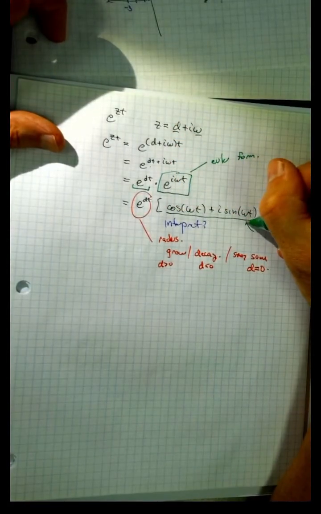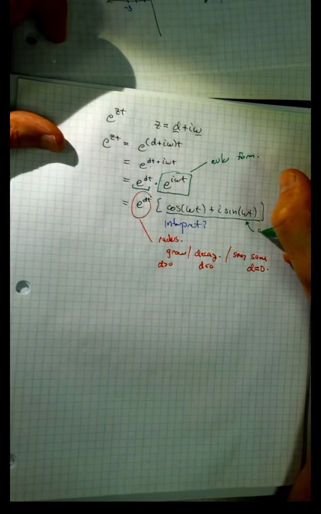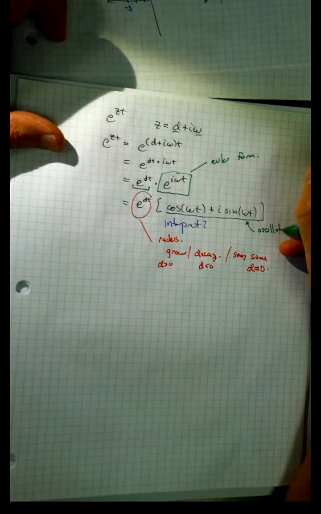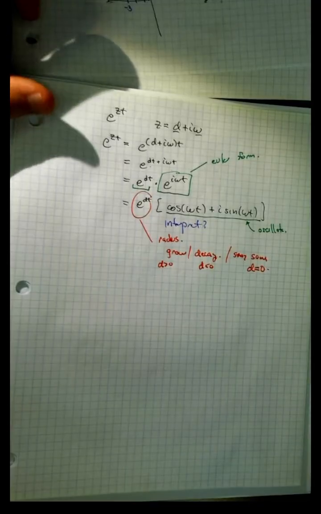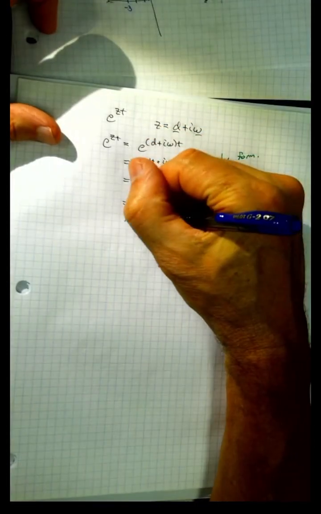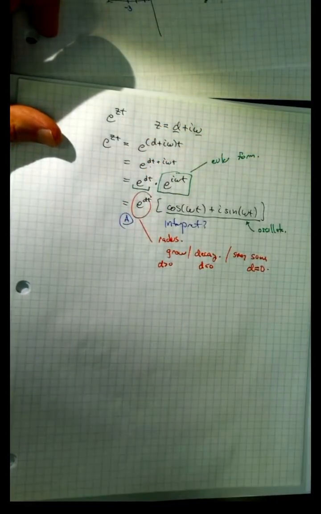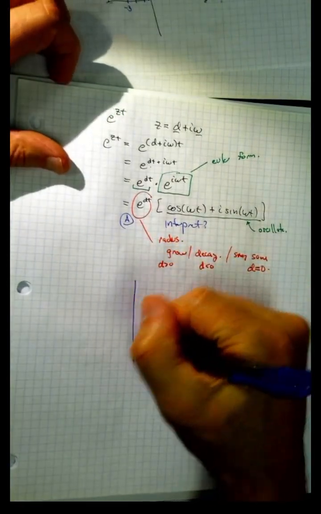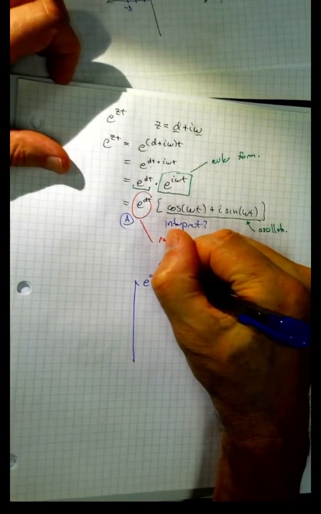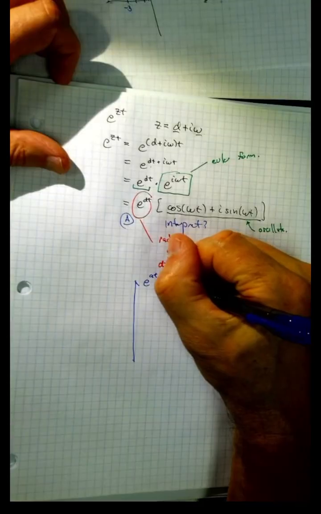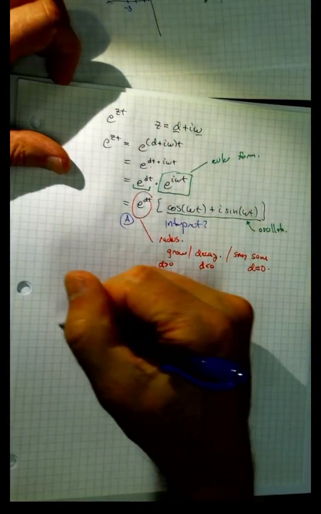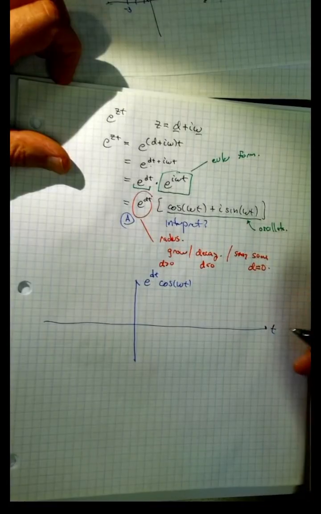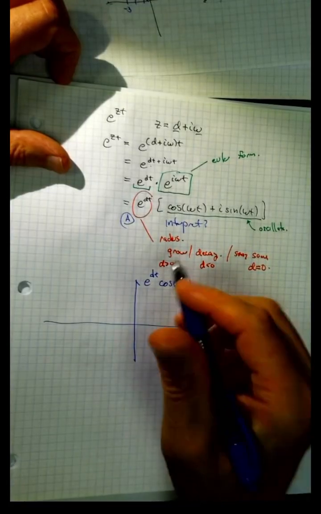This part right here, cosine omega t and sine omega t, that's going to oscillate in exactly the same way we saw before by itself. But what happens now here is this amplitude is going to change. So if I just look at this first part, if I multiply that through, I get e to the dt cosine omega t over time.